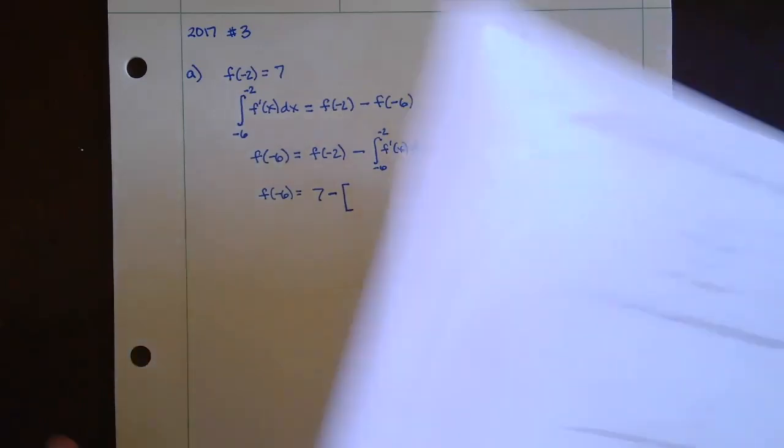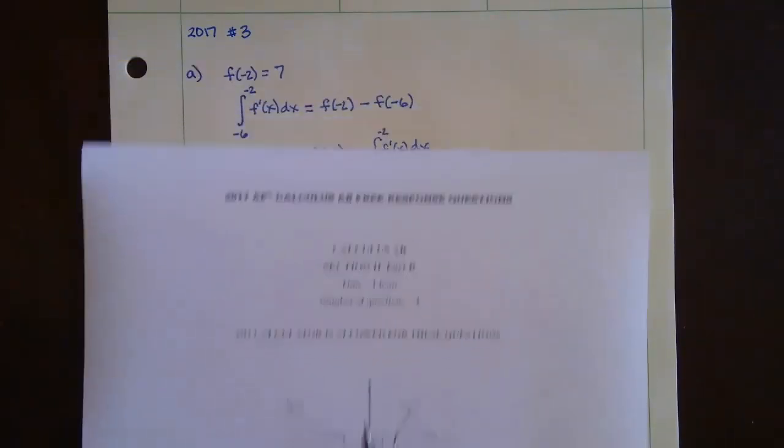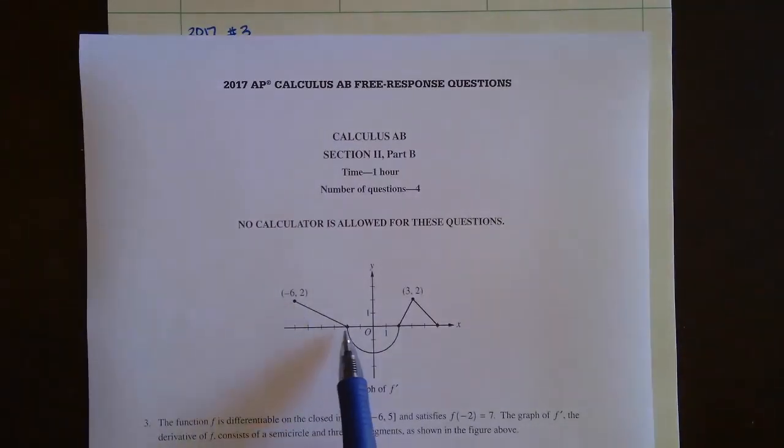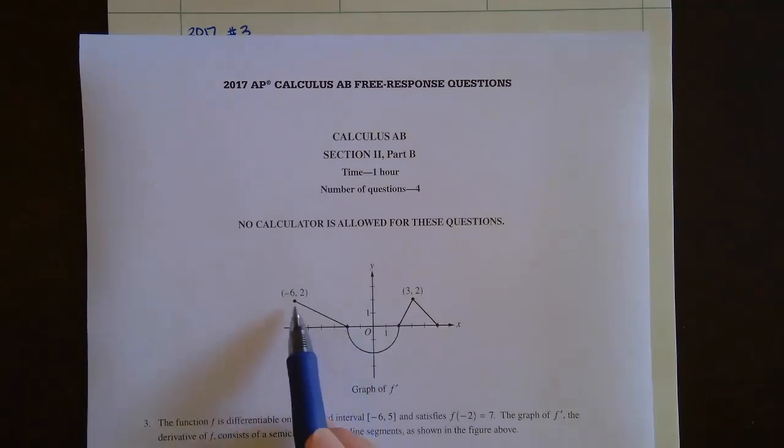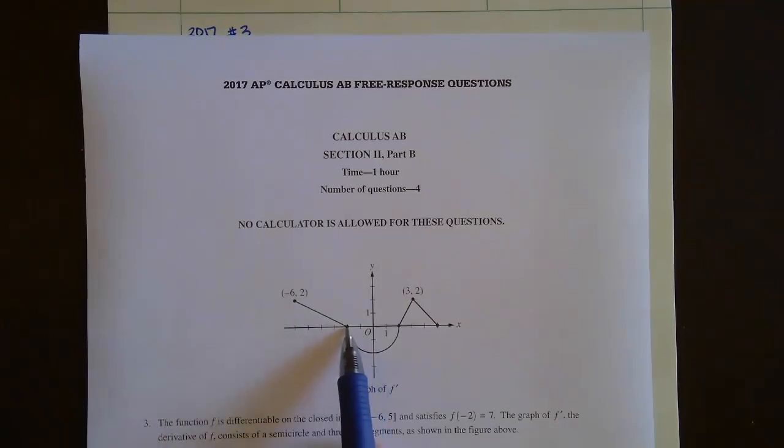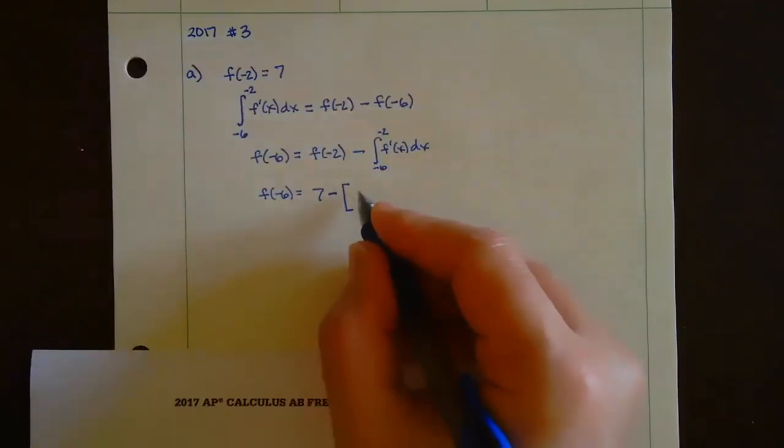So I'm going to go back to the graph, and we're going to go from -6 right here to right here. This is going to be 1/2 times the height, which is 2, and then the base, which is from -6 to -2, going by ones: 1, 2, 3, 4. So minus 1/2 times 2 times 4.